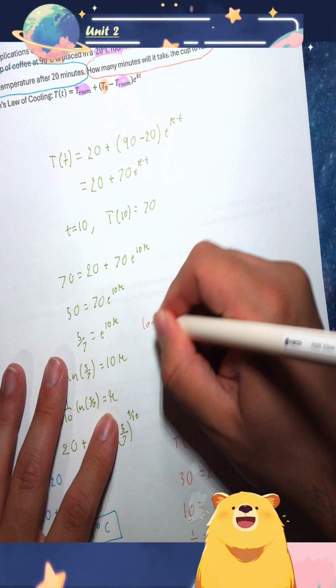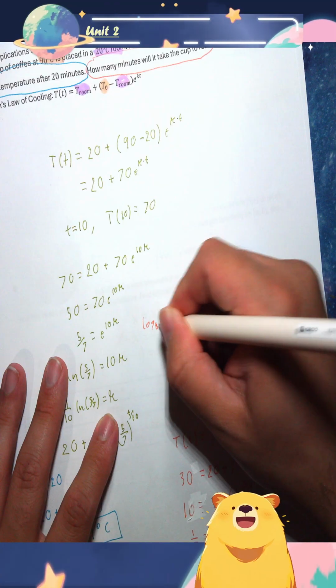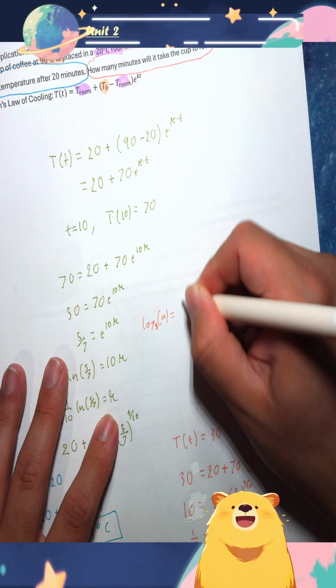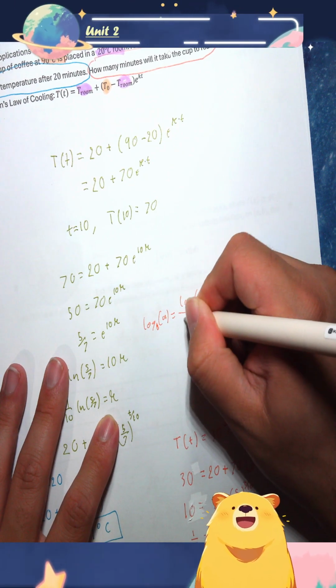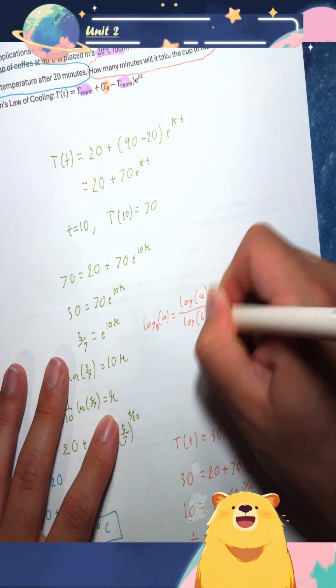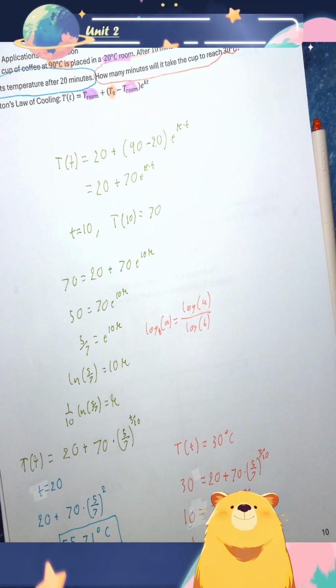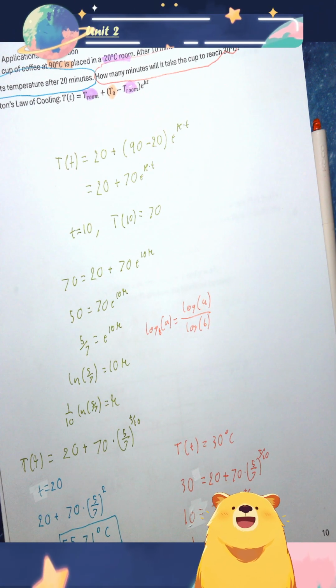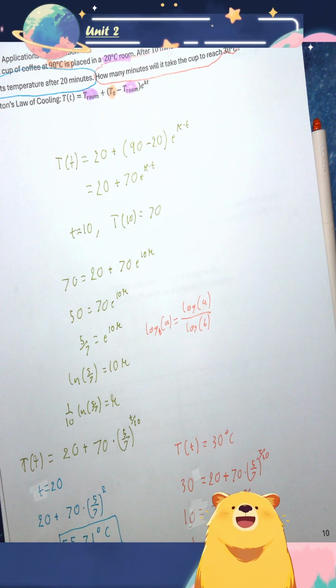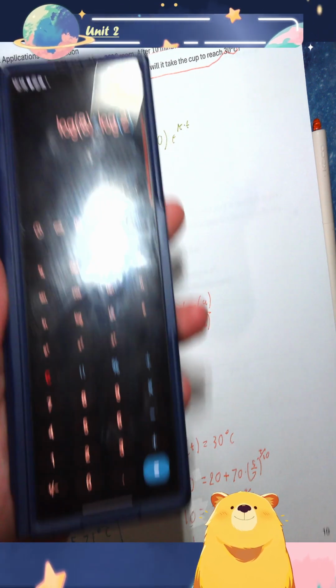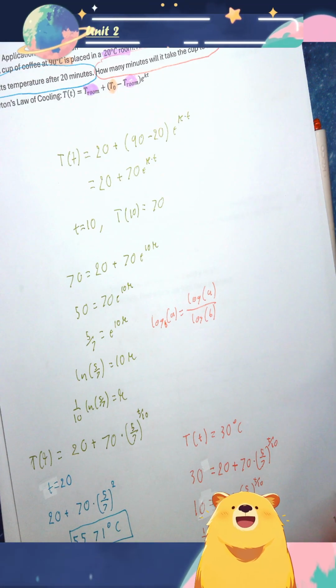We know that log base b of a can be done as log of a divided by log of b. So just to check that, I know log of 8 divided by log of 2 should be 3, and it is. Okay, cool.